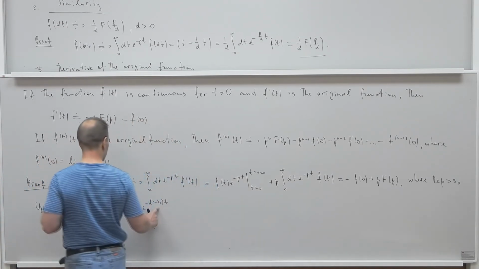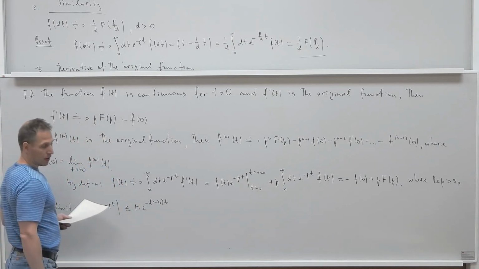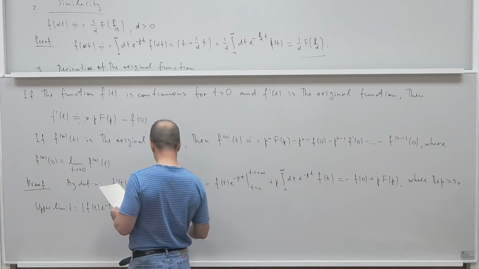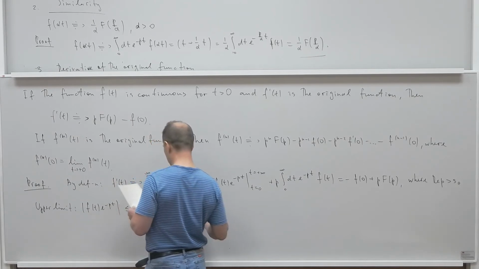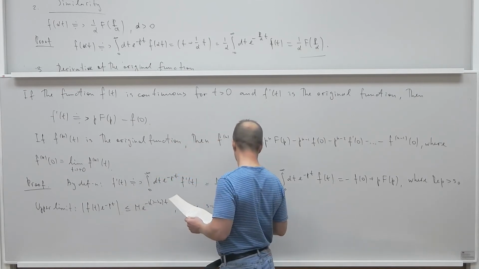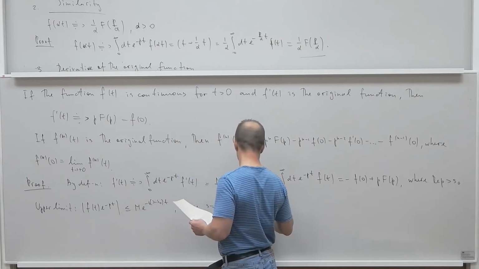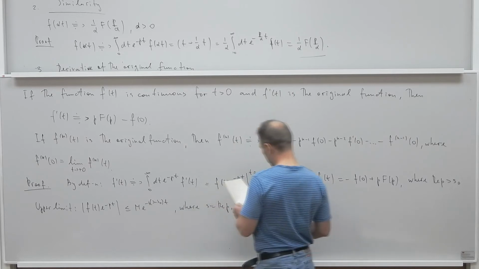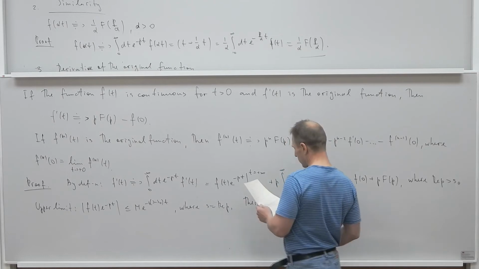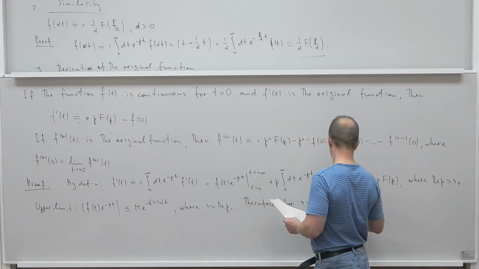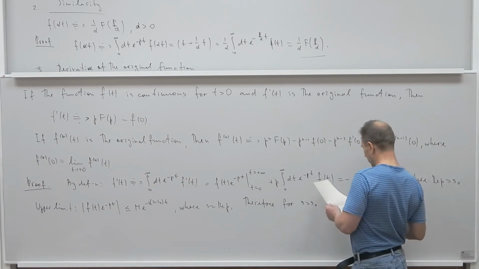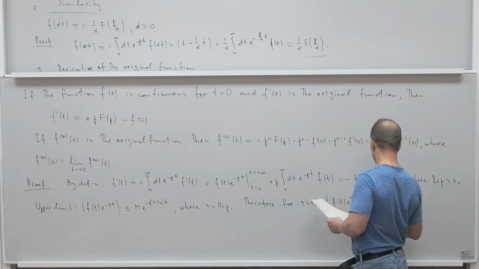Here, s0 is a growth index of the function f small of t, and so this is the real part of p. And so when s is greater than s0, the modulus of this expression tends to 0 when t tends to infinity.